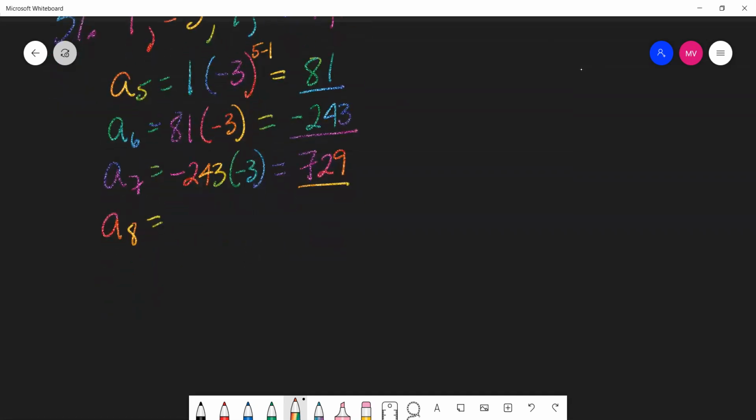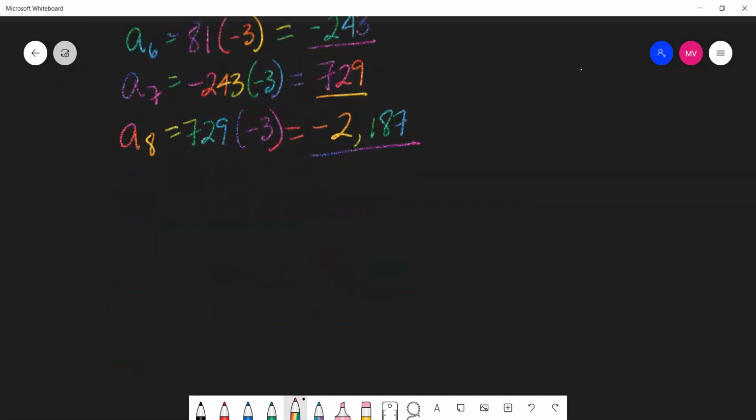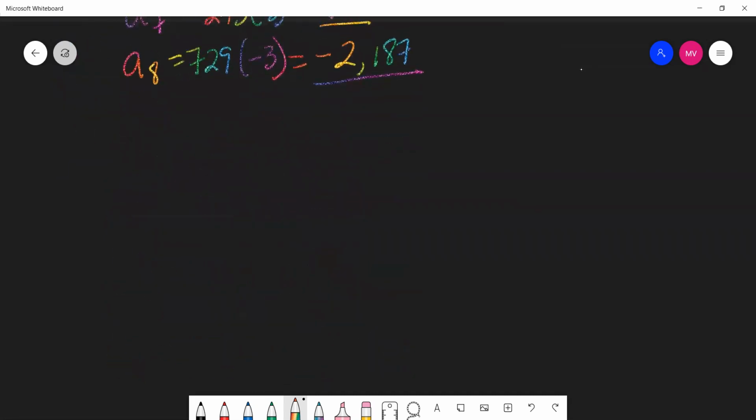Our last term is our previous term, 729, times our ratio, which gives us -2,187. Don't those geometric sequences escalate quickly? This just gives you everything in one place.